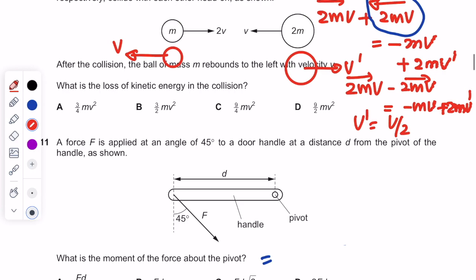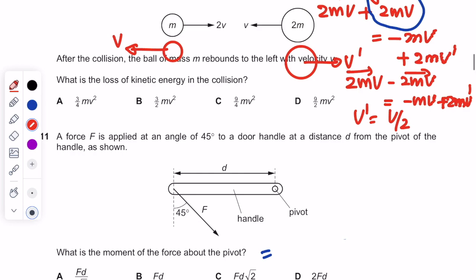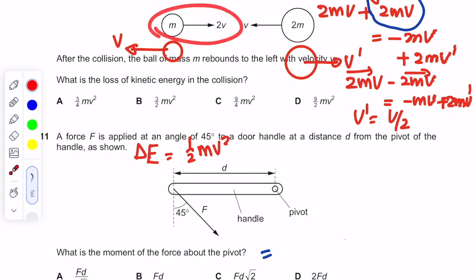Now we need to find the change of the kinetic energy. So we have to find before, we have to find the after, and we have to find the difference. So change of kinetic energy is half. Kinetic energy does not have a direction, so you don't have to worry about arrowheads here. Half mv squared for the first situation. Hold on, it's a mistake.